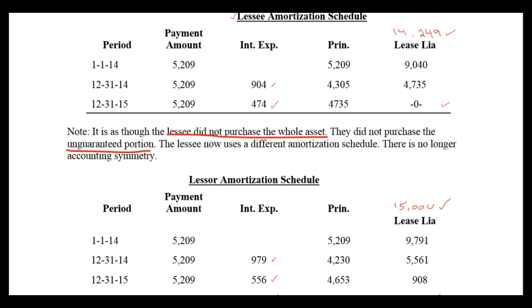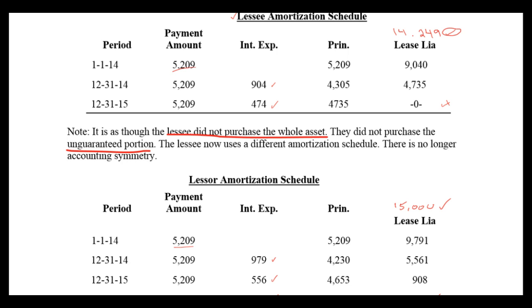Remember, we backed out the present value of the unguaranteed residual value to come up with the payment amount, and the payment will have to be the same because one person is paying it and another person's receiving it. But with the lessee, we start with an amount that does not include the unguaranteed residual value because they don't have to pay it at the end, and it amortizes down to zero.